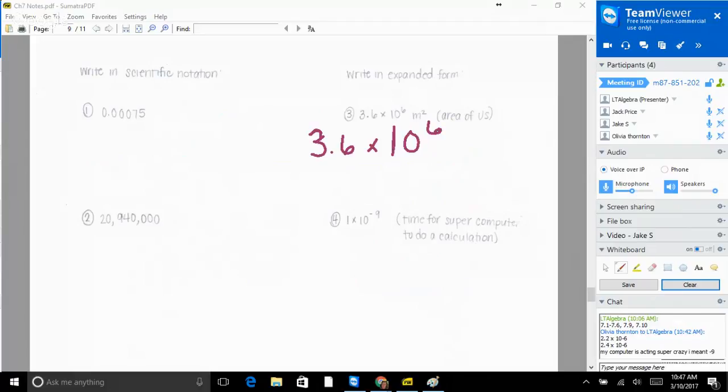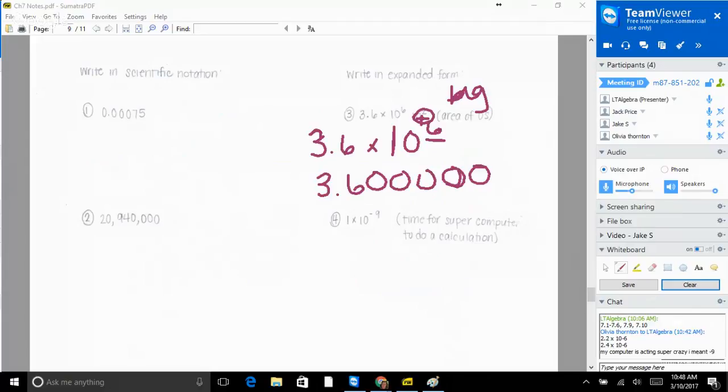So one option is you can just multiply it. The other option is that we know that when you have something to the 6th power, that means it's a really big number, right? Because it's positive. So the positive means a big number. So we can say that we're going to make this number bigger.